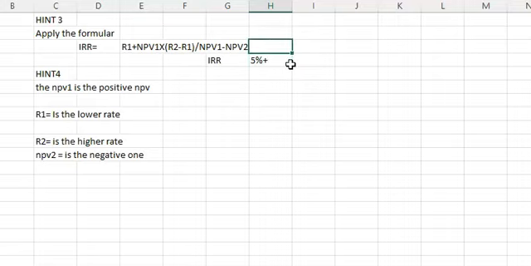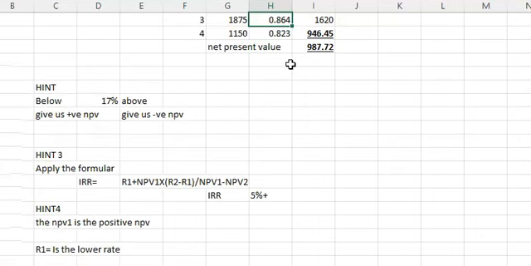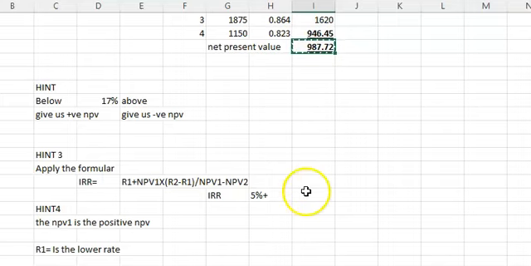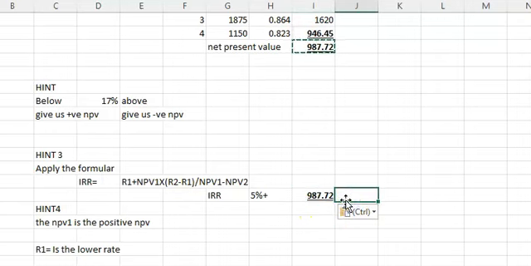What did we find? We found 97. We say multiplied by, open brackets, R2. R2 is the one that gives us a negative answer, -5.